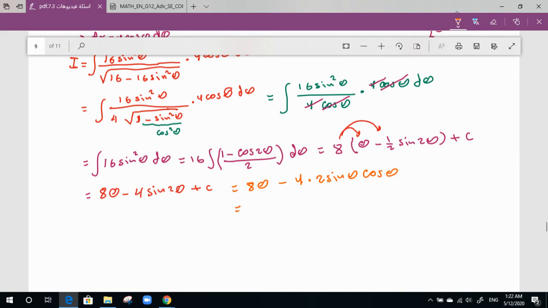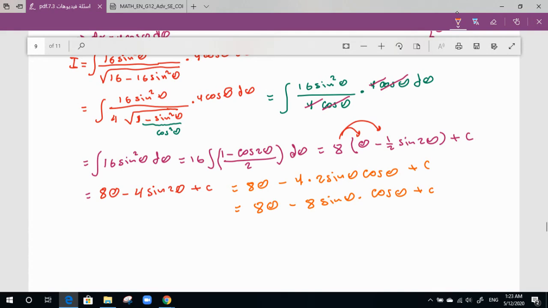That means 8 theta minus 8 sine theta cosine theta plus c. This is the final result of this integral, but in terms of theta.